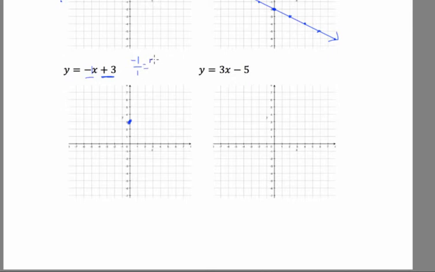So then the -1 is my rise, the 1 is my run, so I'm going to be going down 1, right 1. So down 1, right 1, down 1, right 1.